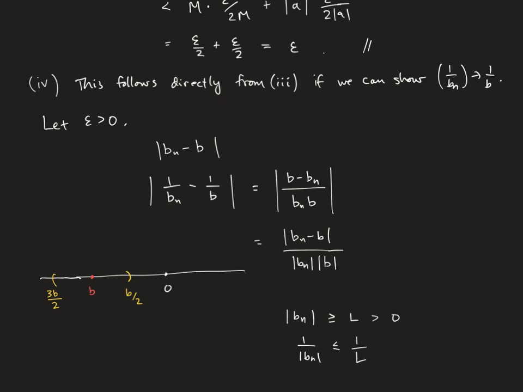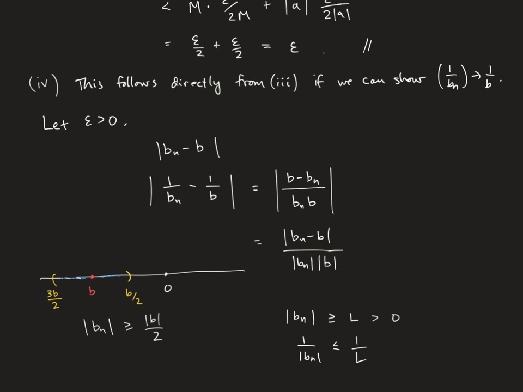So at some point, the bn's are going to have to be in here, and in particular, their absolute value is going to be bigger than or equal to the absolute value of b over 2.